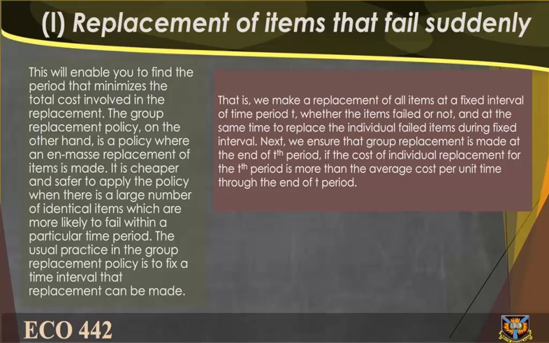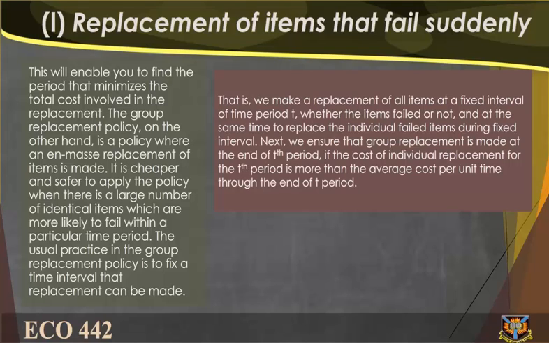The group replacement policy, on the other hand, is a policy where an en masse replacement of items is made. It is cheaper and safer to apply the policy when there is a large number of identical items which are more likely to fail within a particular time period.